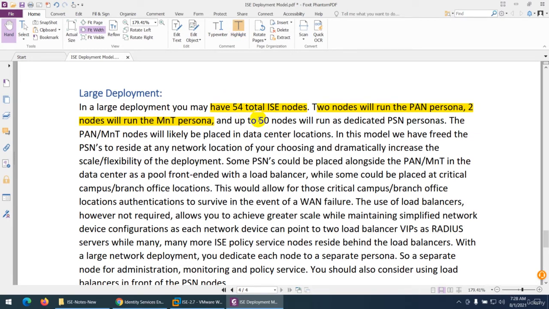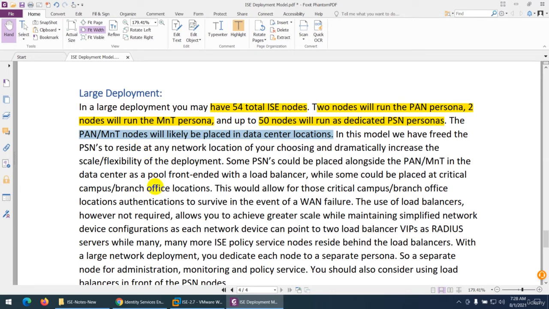And up to 50 nodes you can make dedicated PSN personas only. Again, you can place PAN and MNT in a data center and you can freely put these PSN in any location, maybe their branches, maybe in the same data center.